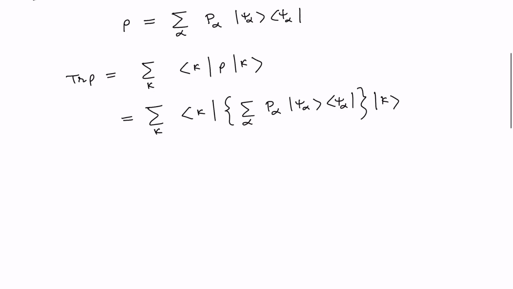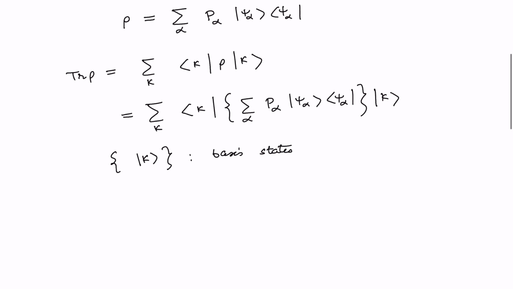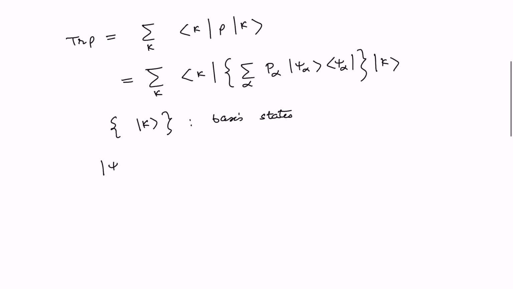Now you see these k are basically basis states, because when you take the trace, you are taking it over the basis states. And psi alpha, this is an arbitrary state, so we can always write it as a superposition of the basis states.